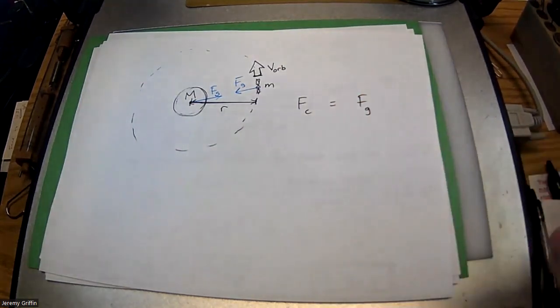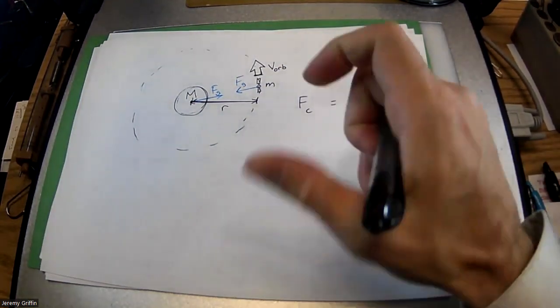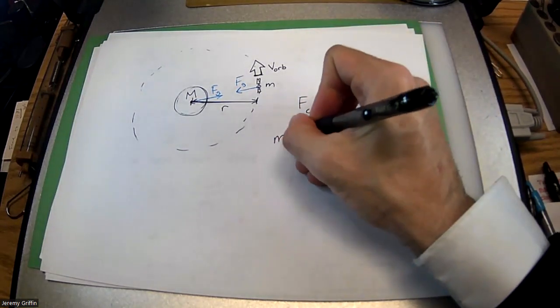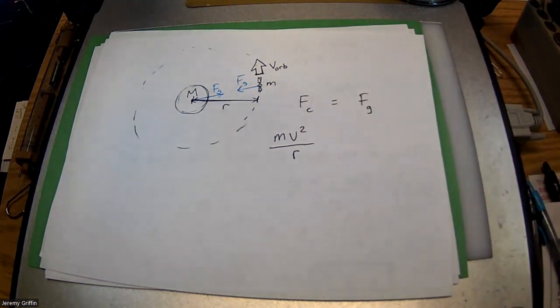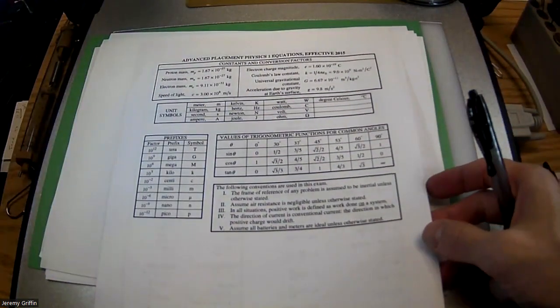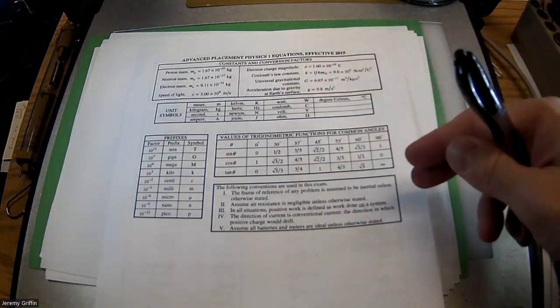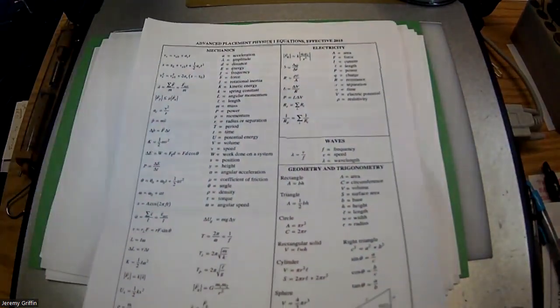What was the expression for centripetal force? mv squared over r. Exactly. Now on your AP equations, they're going to give you this. It's double-sided, they have constants, some trig identities, and prefixes on the other side, but we usually focus on the front.